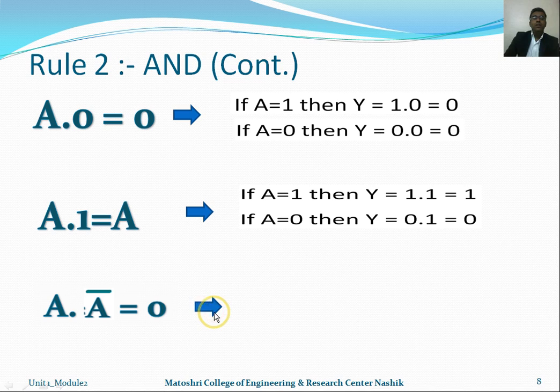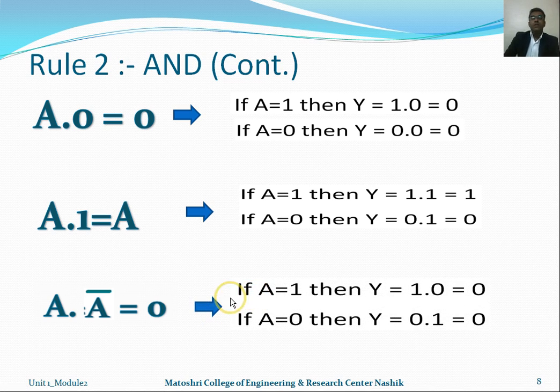So it is clearly shown that when A is 1, A bar is 0 and the output is 0. If A is 0, then Y is 0 as well. So these are the rules belonging to the AND logic gates.